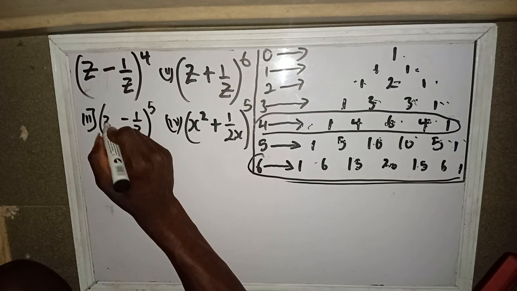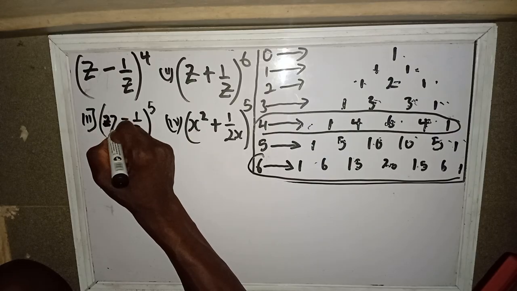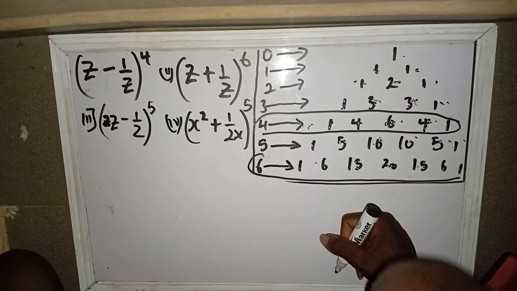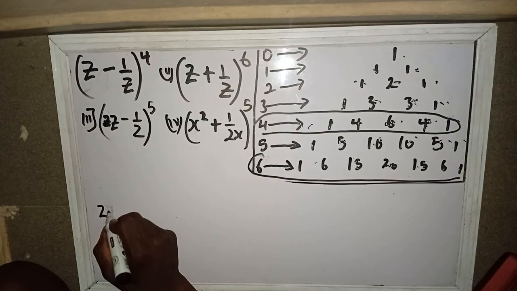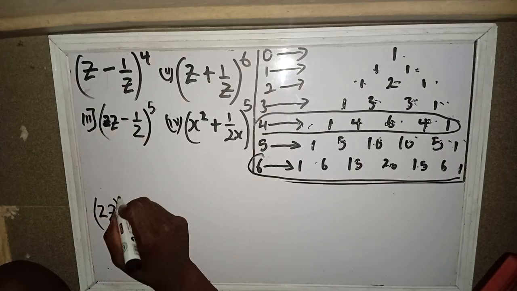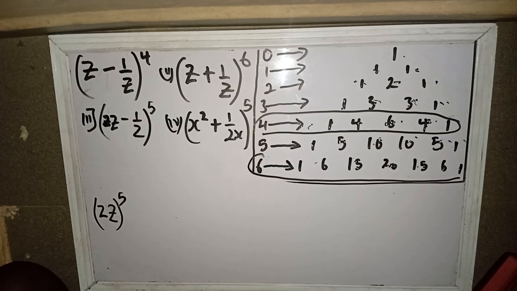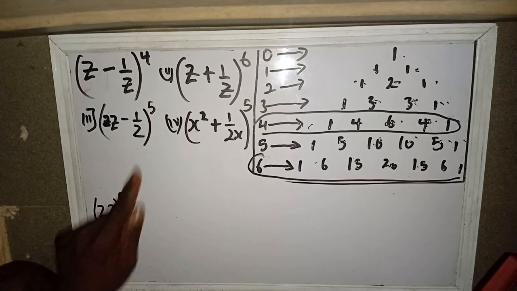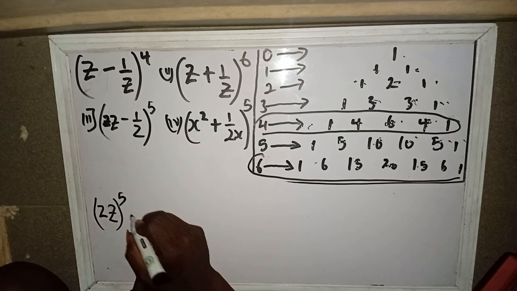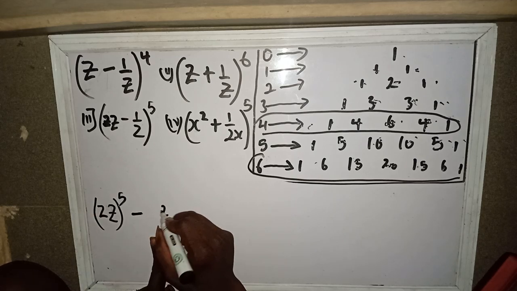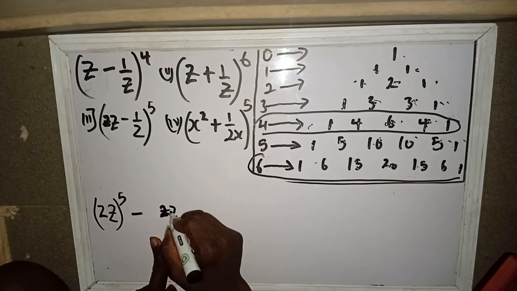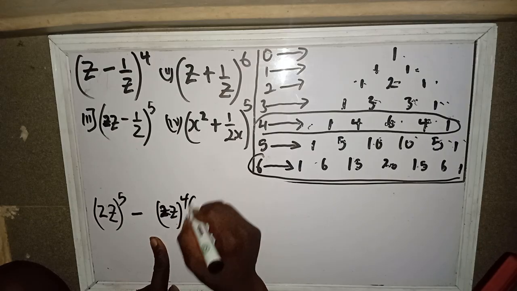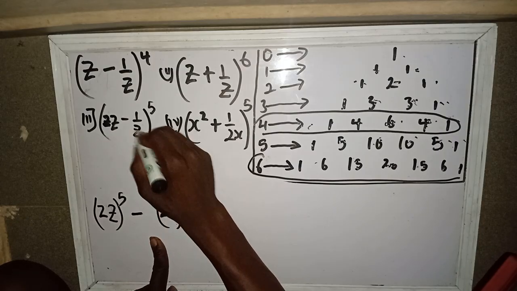Let's say we have 2z there. So this gives us (2z) to the power 5. Do you see the first part? Then this one will be power of 0, which is 1. You know it's minus, then you have plus, minus. Then you have (2z) to the power 4 times 1 over z.